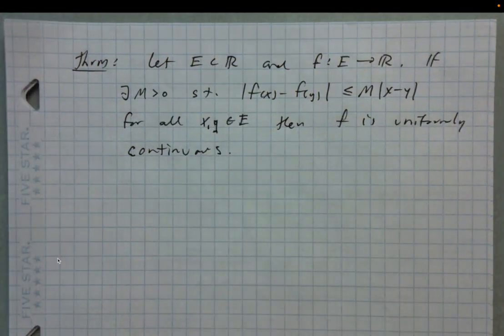Okay, and so basically what we're saying is that if your function is a Lipschitz function, then it is uniformly continuous, right? And so we won't prove this theorem. We saw several examples of how this works, and I think it's relatively straightforward to prove.